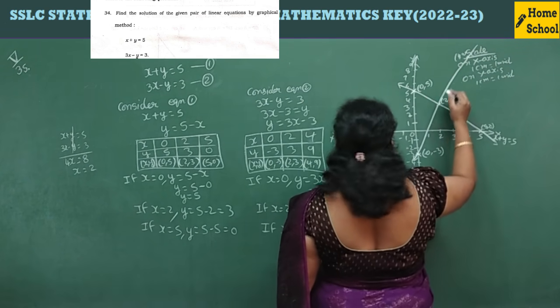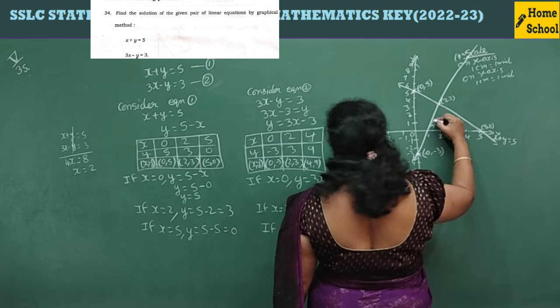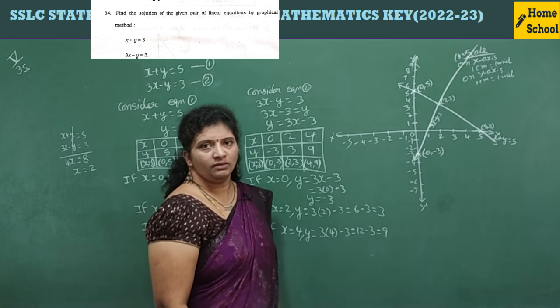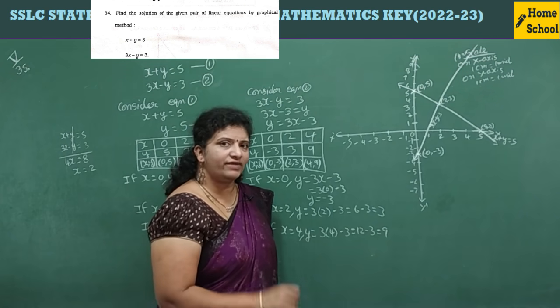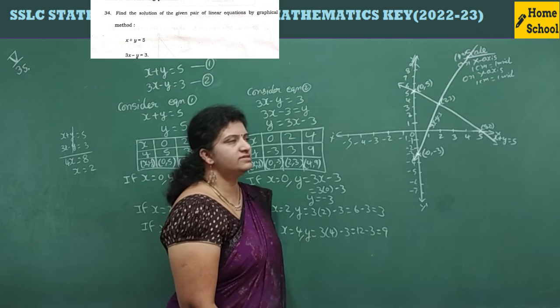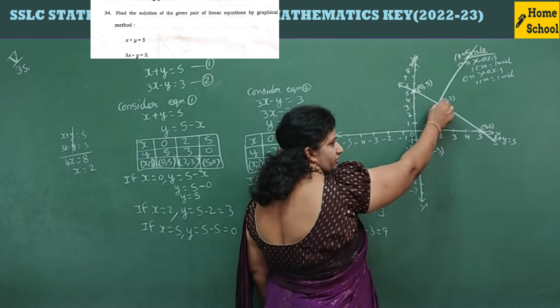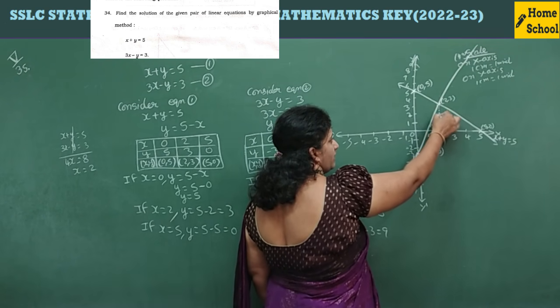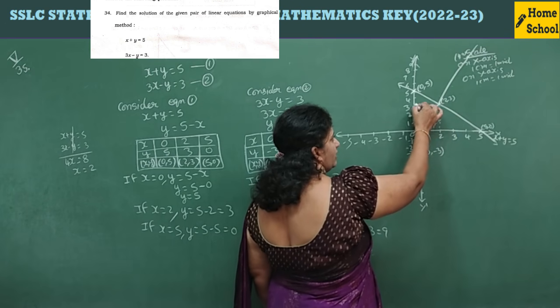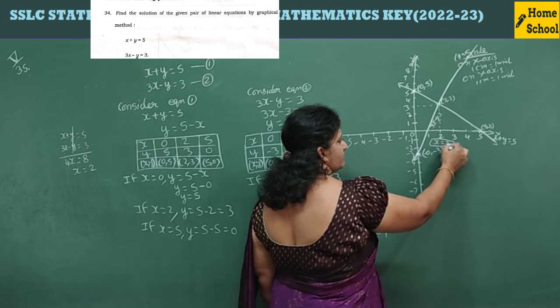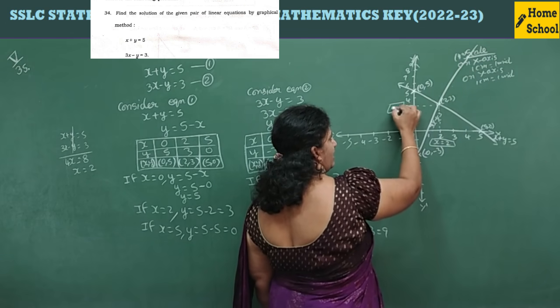You need to write the equation 3x minus y is equal to 3. Okay, now solve graphically. The two lines are intersecting. Where are they intersecting? At this point, right? So draw a perpendicular with a dotted line. Here also a perpendicular, and right here the x value is 2, the y value is 3.